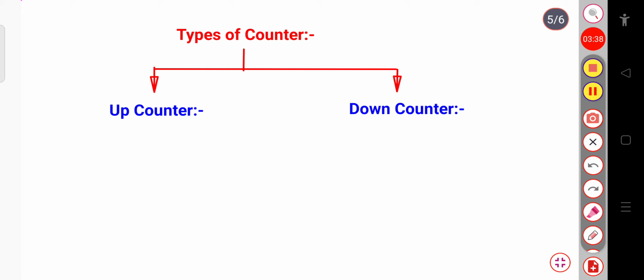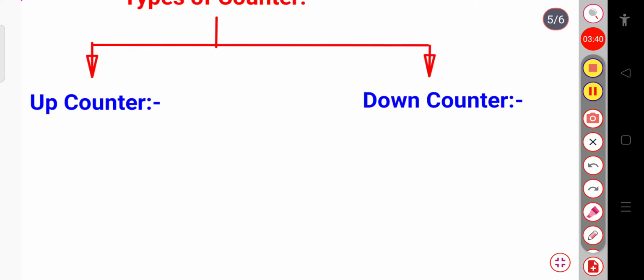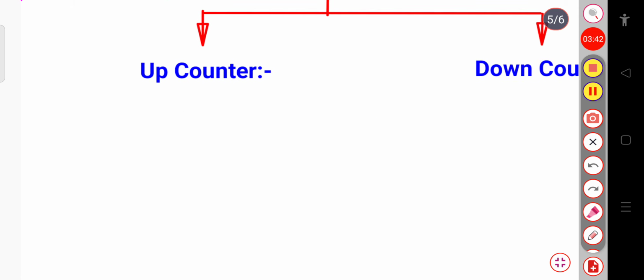Suppose for example, in case of the up counter, it will count as 0, then 1, then 2, then 3, and so on. And this 'so on' means it will count up to 2 power n minus 1.